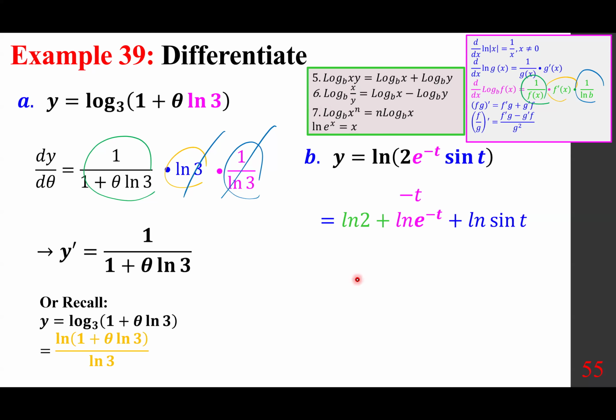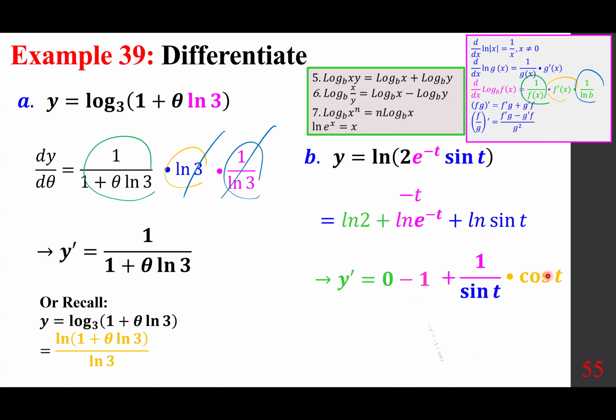ln 2, 0. Why? Because it's a number. Minus t, minus 1. ln of sine t, 1 over sine t times cosine t. Again, you remember we did this already. Cosine over sine is cotangent.